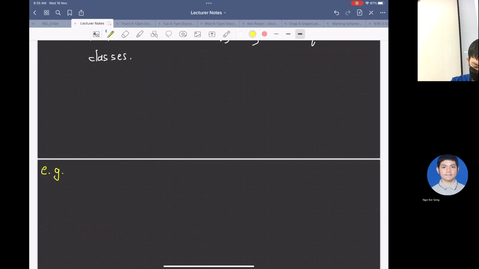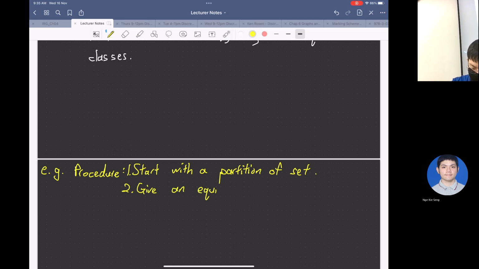The procedure now is: start with a partition of a set, and then give an equivalence relation. I will illustrate with an example.